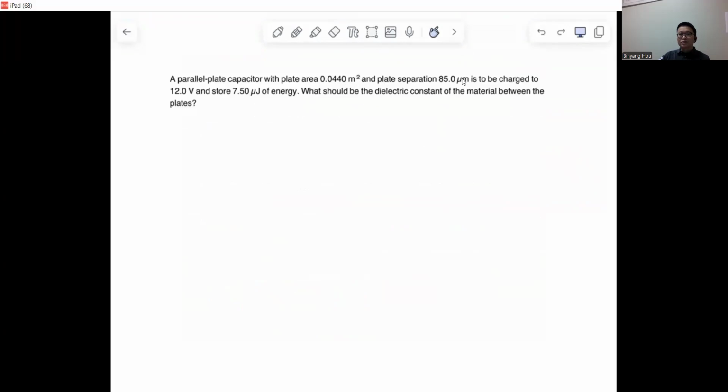Micro you need to convert into 10 to the minus 6 meters. It is charged to 12.0 volts and stores 7.50 joules of energy. It's asking what the dielectric constant should be between the two plates.